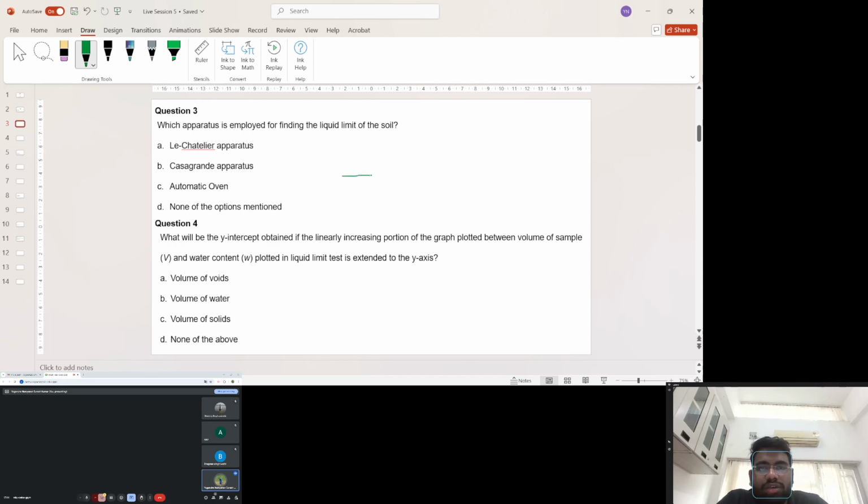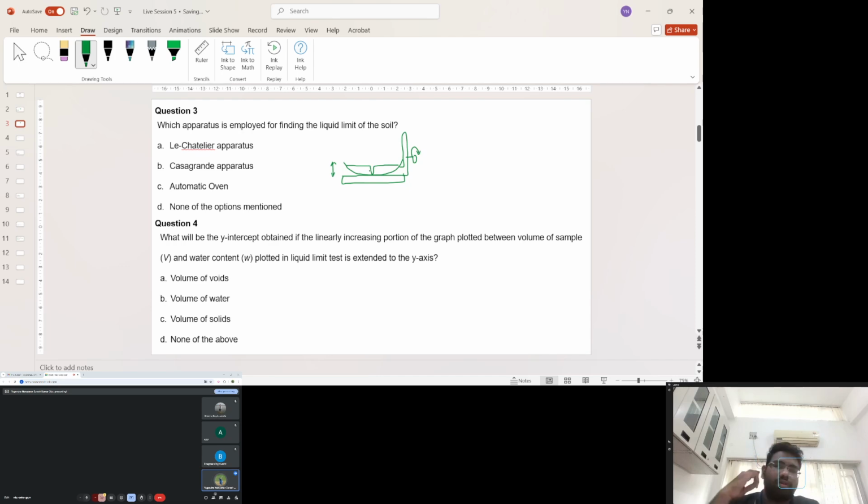It consists of a semi-hemispherical bowl which is connected to a mechanism such that it can be rotated so that it goes up and down. It has a fall of 1 centimeter, and the soil is filled and a groove is made.